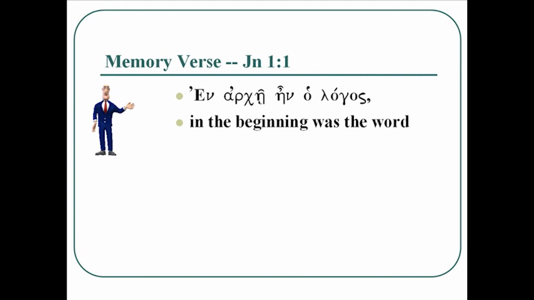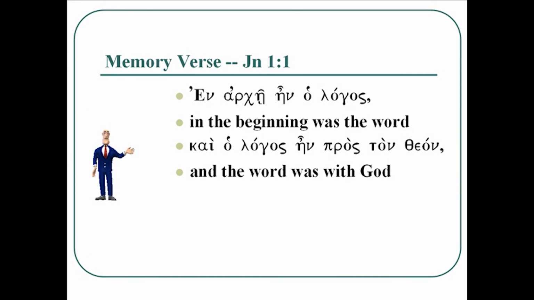En archē ēn ho logos. The second line is kai ho logos ēn pros ton theon. And the word was with God. The word ēn, by the way, is used twice here, means was.